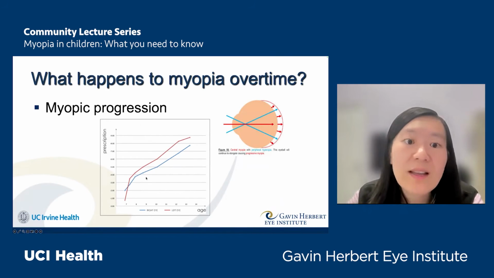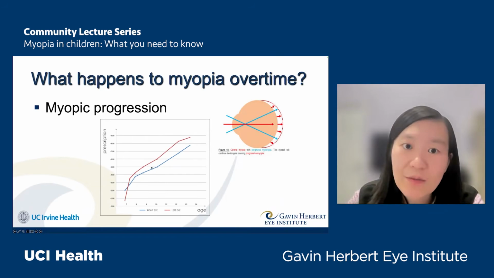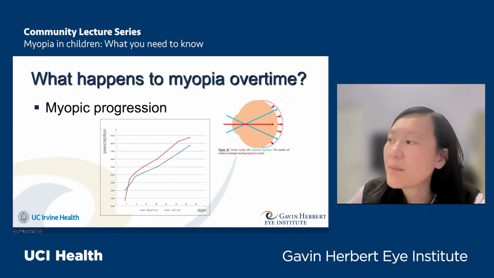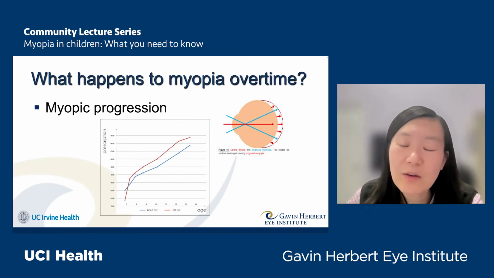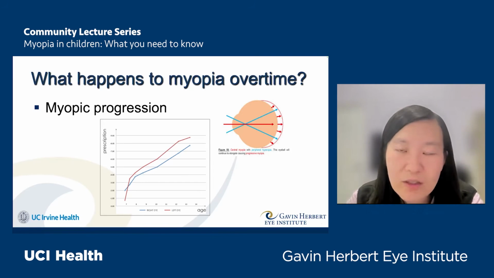The reason this gets worse year after year is because the eyeball grows. Just like a child grows through early childhood and elementary school, they grow quite a bit lengthwise, getting taller, and their eyeball grows lengthwise as well.